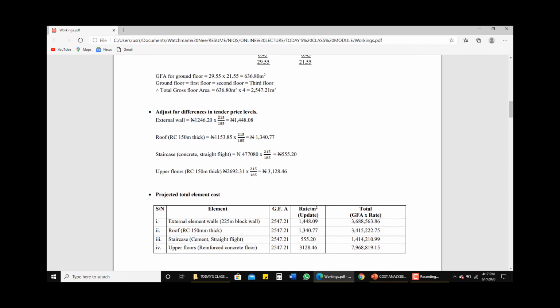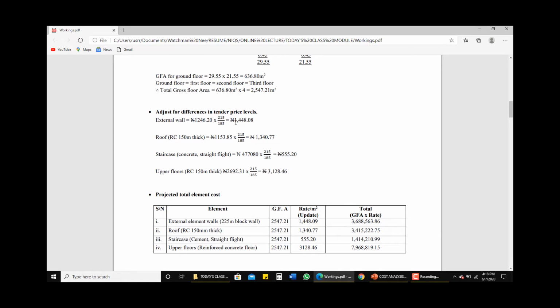215, which is the projected cost index at the date of tender for the new project. Then we divide it by the building cost index of the existing project, which is 185. So we multiply this by the cost per square meter of the existing structure in order to update this cost.